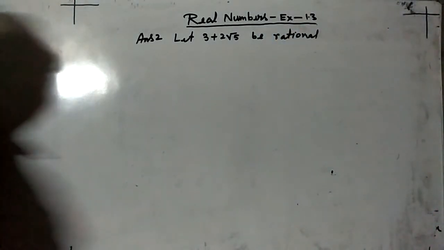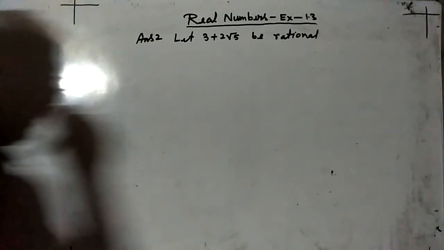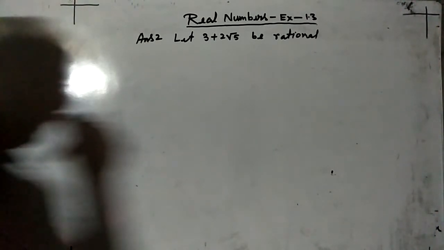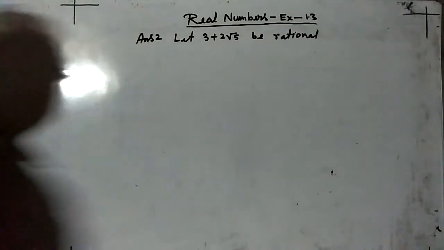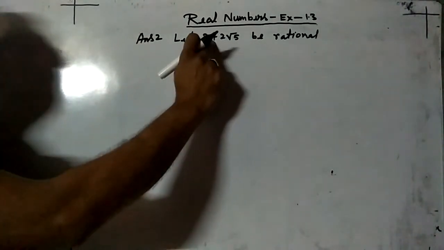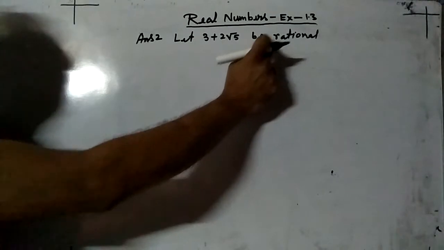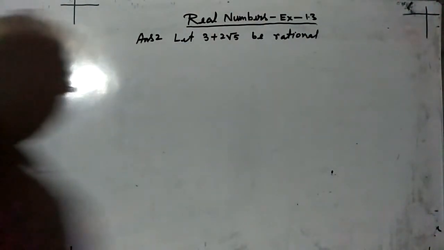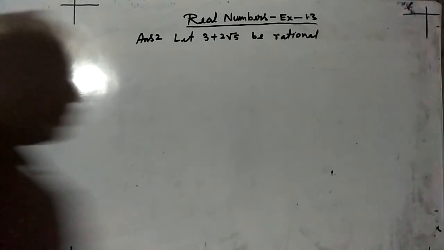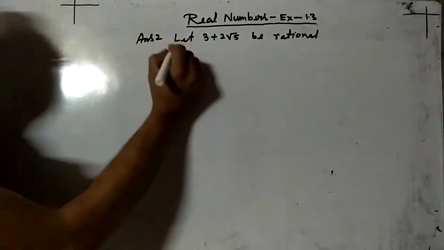We have to prove 3 plus 2 root 5 is irrational, but we'll consider its opposite. That means we'll consider this as rational and we'll make a contradiction. If our supposition is wrong, then we'll get the answer.